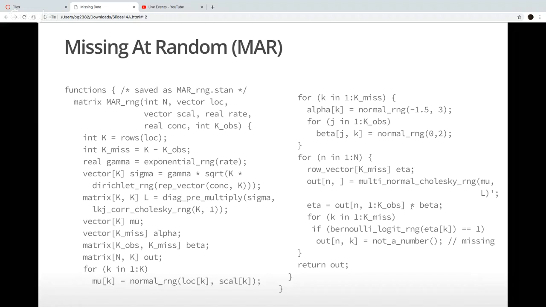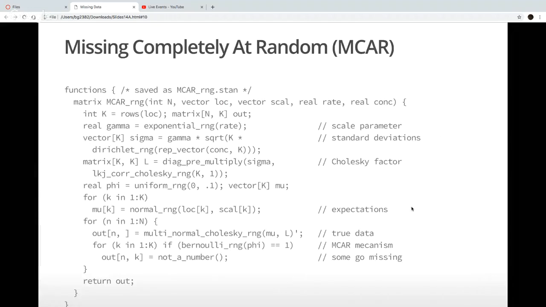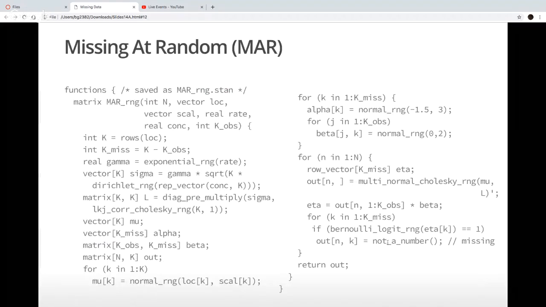And so rather than what I had before, which was just a Bernoulli that only depends on phi, some parameter that's not a function of the data, now I have pretty much a logistic regression model where eta is the log odds that the observation on that variable goes missing. So I draw that from a Bernoulli distribution with a logistic link function, and if that comes up true, then I make the kth value missing.